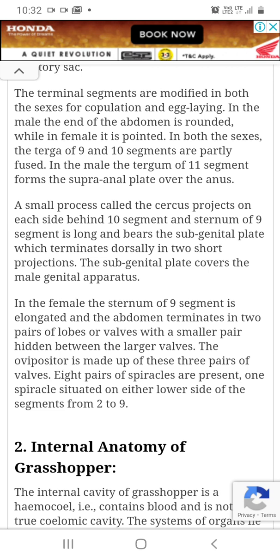A small process called the cercus projects on either side behind 10 segment and sternum of 9 segment is long and bears the subgenital plate which terminates dorsally in 2 short projections. The subgenital plate covers the male genital apparatus.